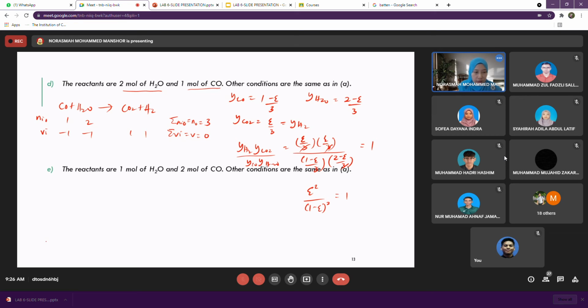Sorry, salah. Yang bawah dia jadi lain. 1 minus epsilon, 2 minus epsilon. Okay, so you solve this equation. You try guna calculator, dapat berapa?